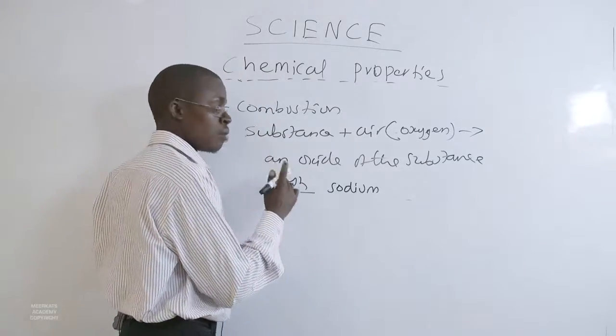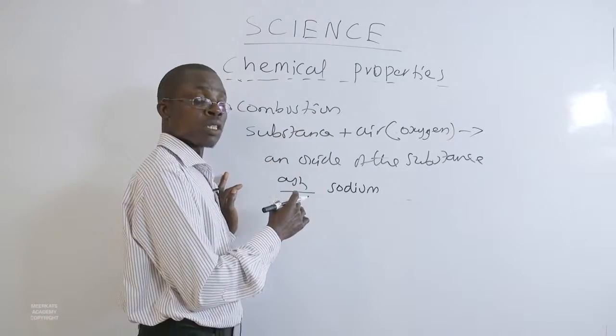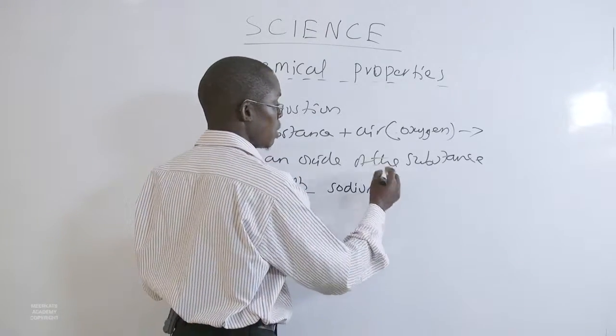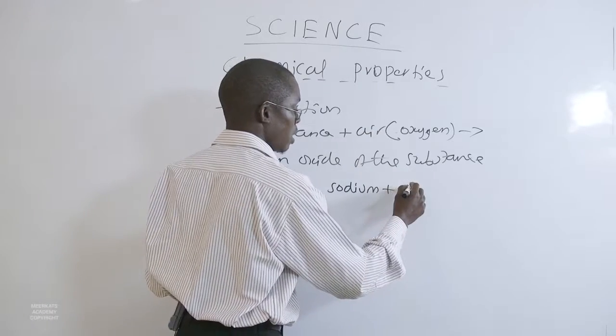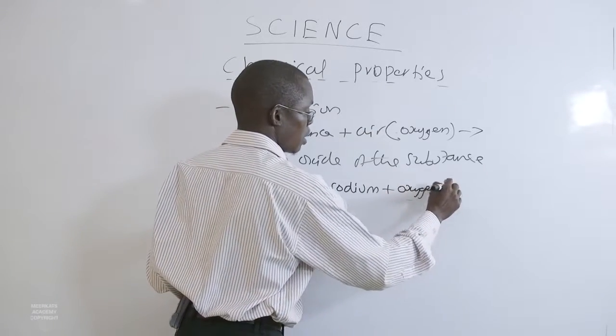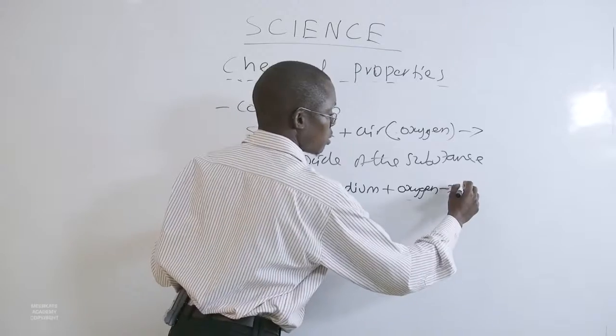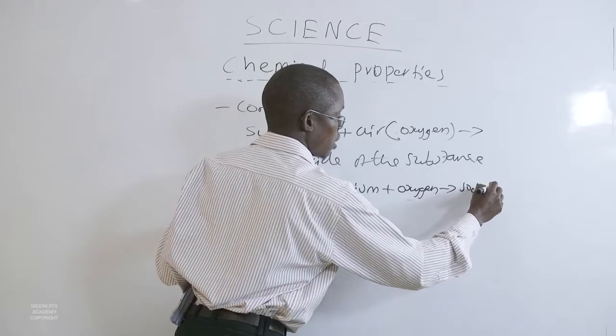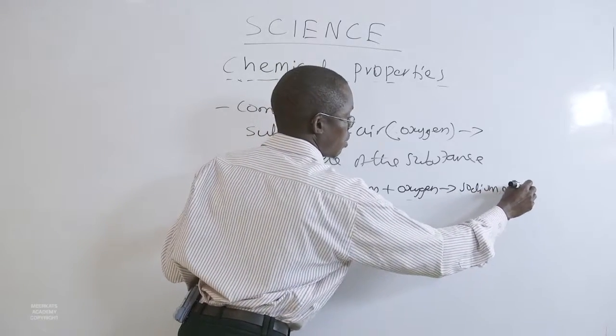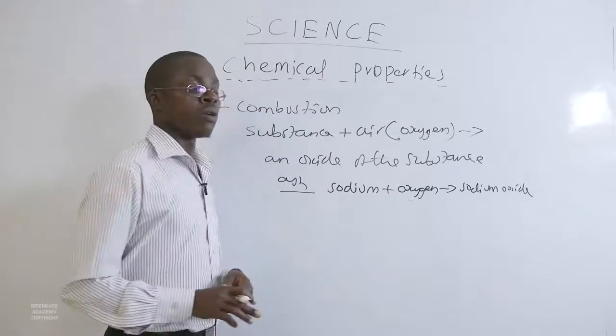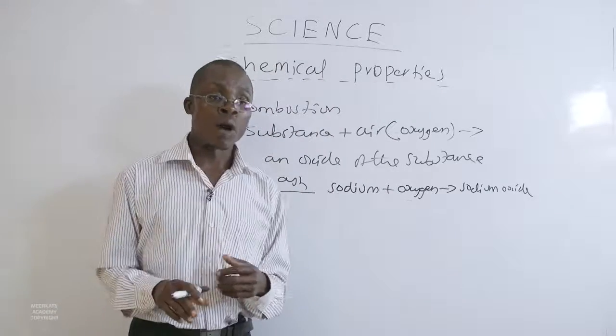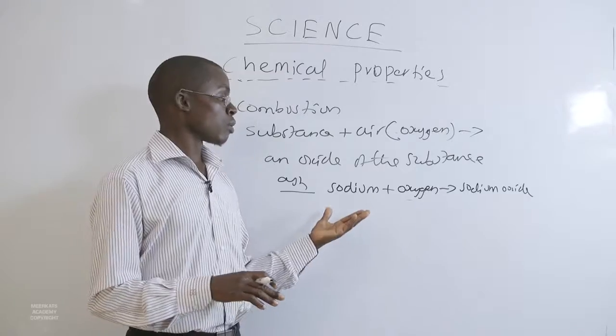So when you have sodium in that wood, I'm only interested in sodium, then you react with the air, and in air I'm talking about oxygen, then what you will form is sodium oxide. So in general, during combustion, we have combined with the oxygen.